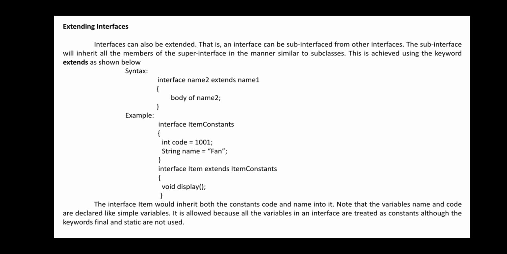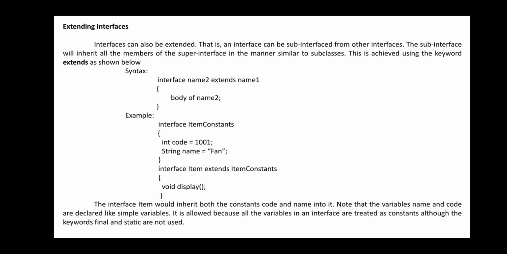So the syntax can be written like this: interface name2 extends name1 { body of name2 }. I have given a simple example here. Interface ItemConstants: int code is equal to 1001, String name is equal to fan.